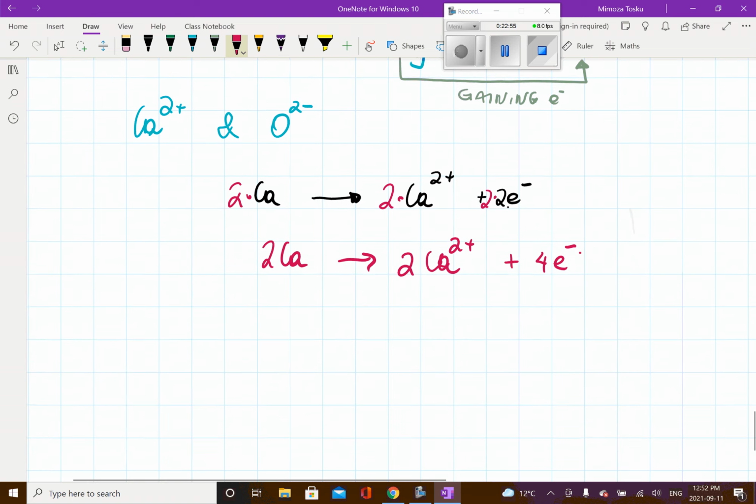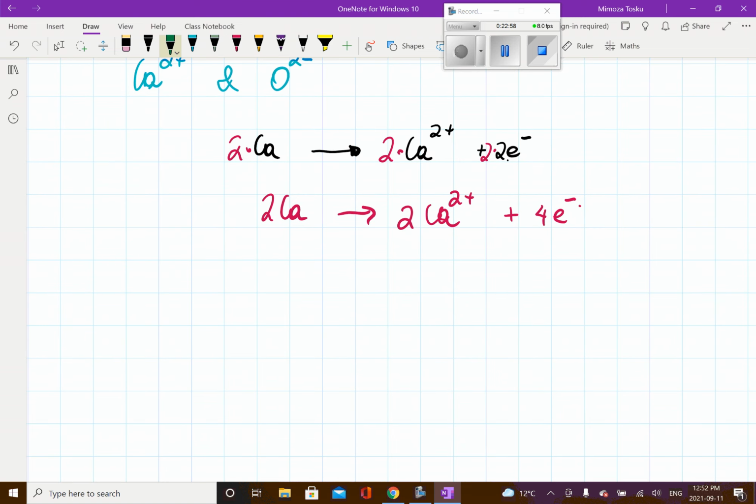On the other hand, the oxygen is receiving those electrons. Writing it as 1 oxygen, it will receive 2 electrons to form the oxide ion.